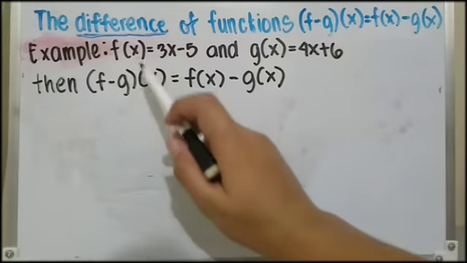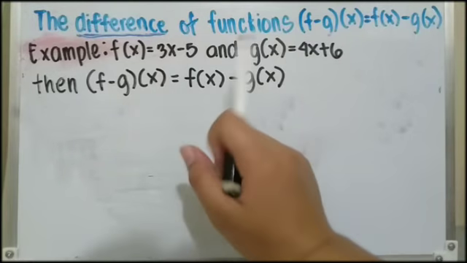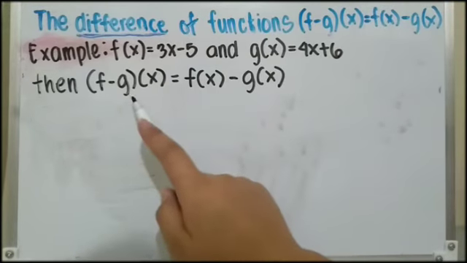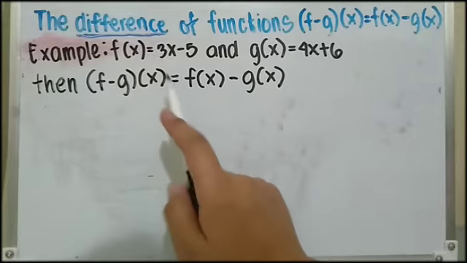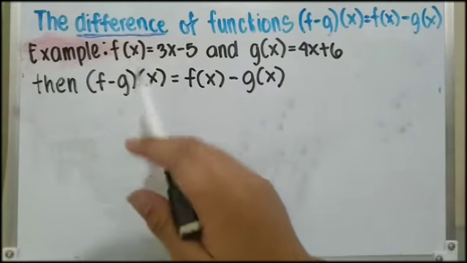So let's say that f(x) is equal to 3x minus 5 and g(x) is equal to 4x plus 6. Then (f minus g)(x) is equal to f(x) minus g(x). So this is how we do it.